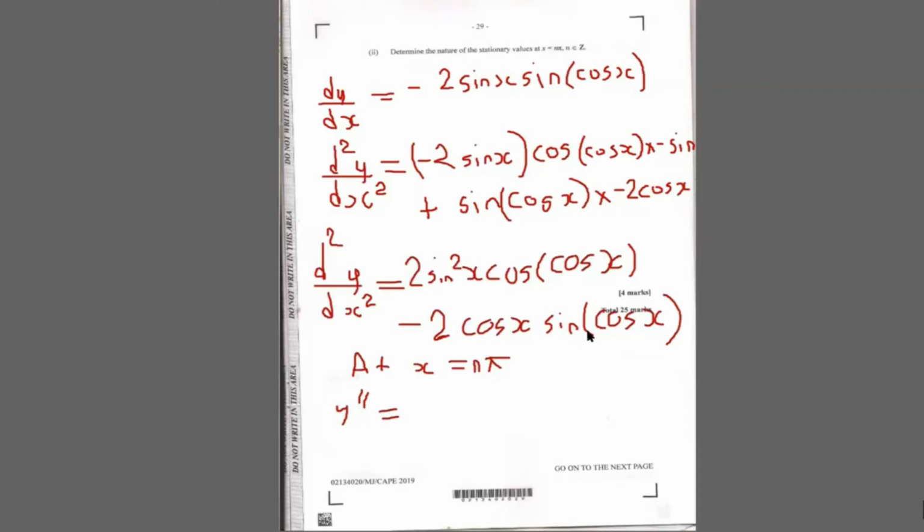You're getting negative 1.7, which is less than 0. And so at n pi, it's a maximum stationary point. So we can tell them this is a maximum stationary point at x equal n pi. Nice and easy.